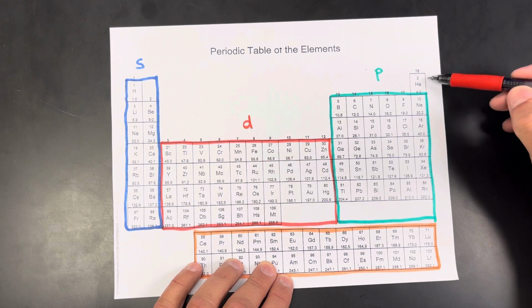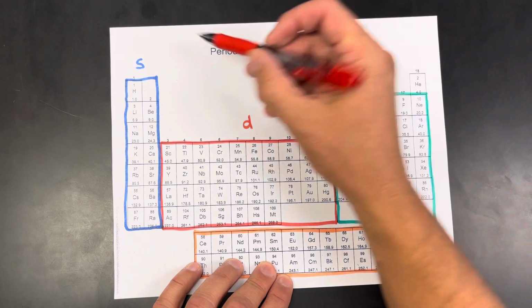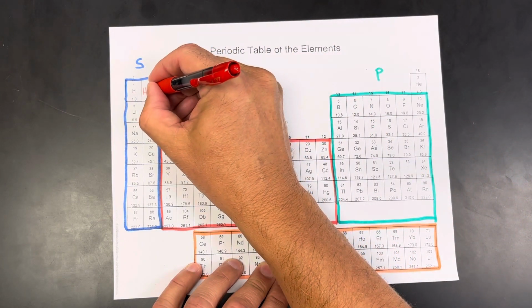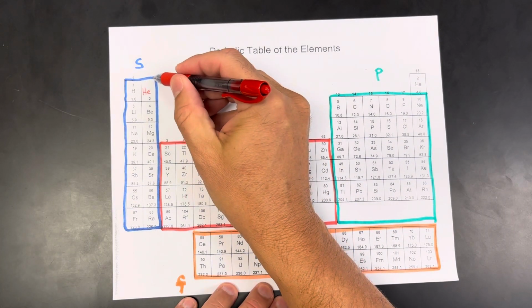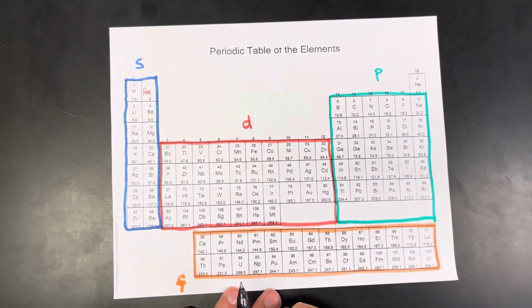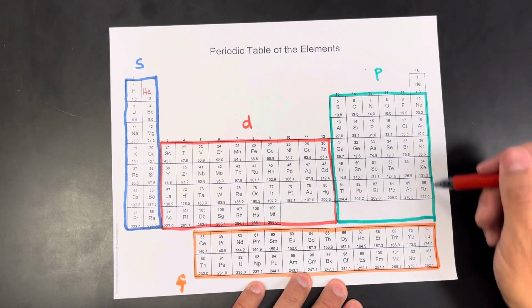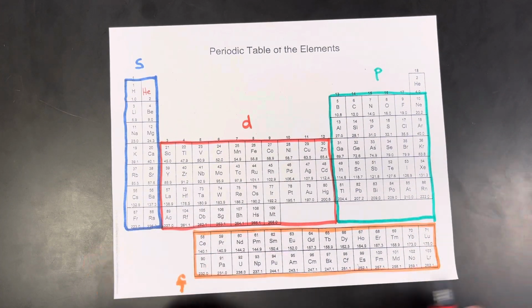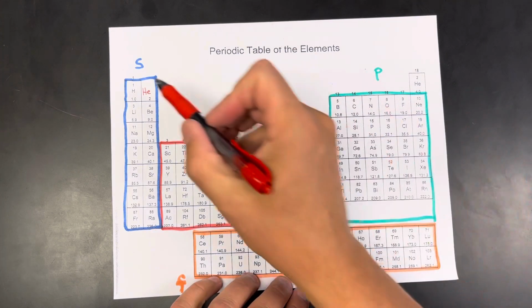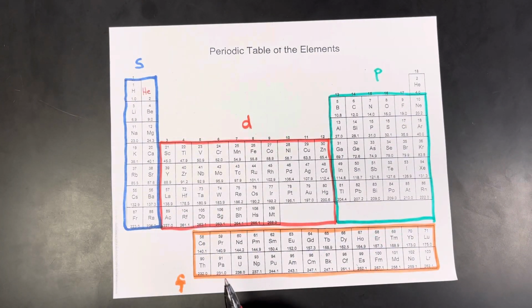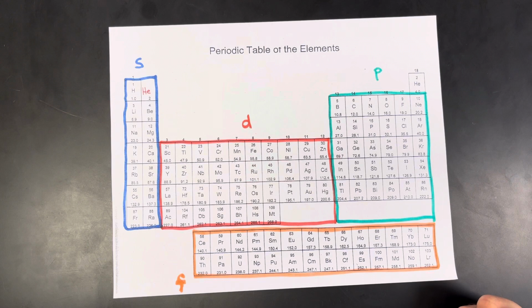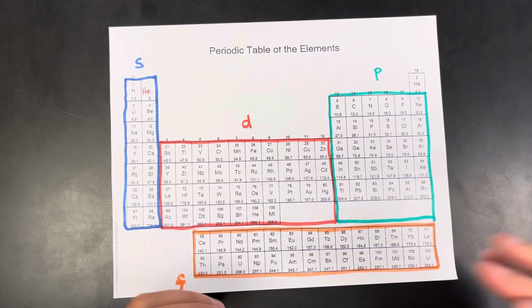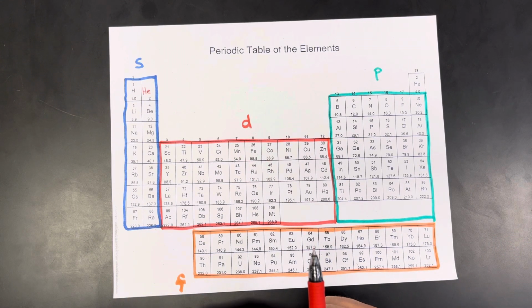For electron configuration, we're going to move helium right over here, and pretend that it's in the part of the S block in this missing portion right here. Now, most of the time, helium belongs with the noble gases over here, but for electron configuration, helium is actually better placed on the periodic table over here. But that's just one of the many, many concepts that we have in chemistry. So most of the time, it kind of belongs over here with a couple of exceptions, and today's lesson is one of those exceptions, okay?